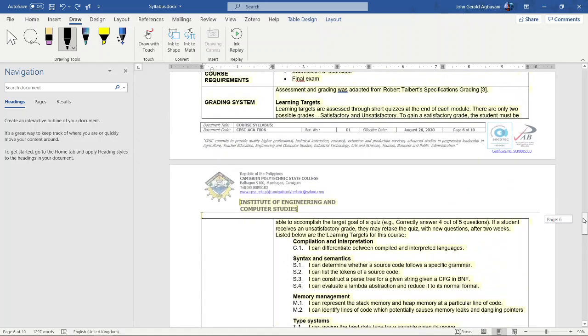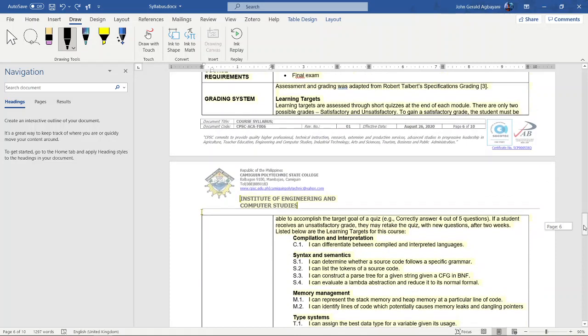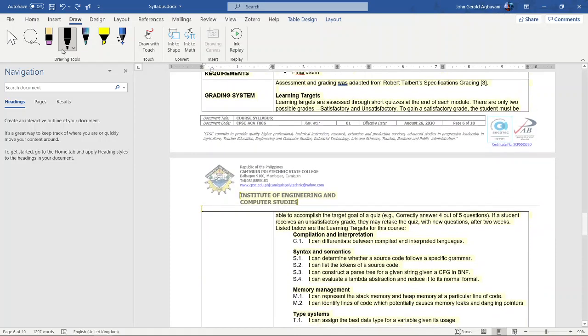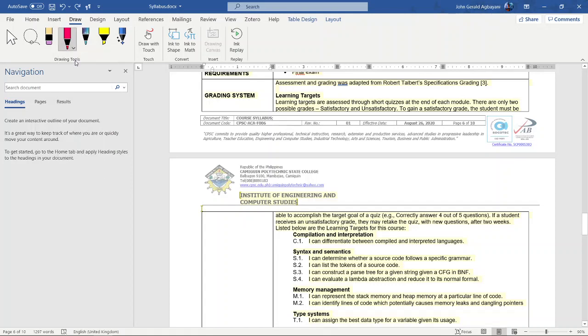Okay. So, I want you to direct your attention here to the grading system. Take note of the term learning targets. Learning targets is just a set of goals that you need to accomplish.